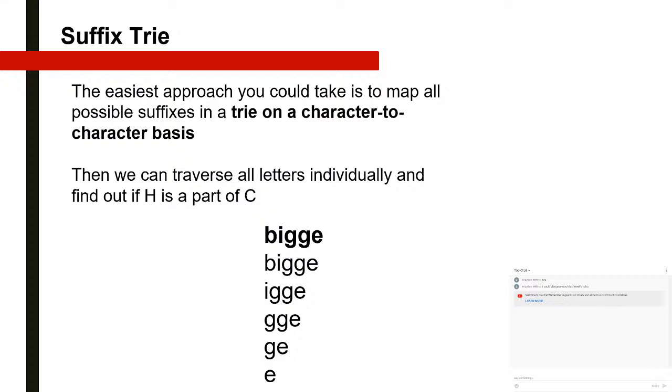And then coming off of it, you'd have all the different possibilities of what could come off of it if it was some kind of substring. So as you would go down this tree, you would pretty much be checking whether or not it's a substring. So we'll go through each letter, check if it's part of the sequence, and then if it's not, it'll just kick it out, and it'll say no, it's not a sequence.